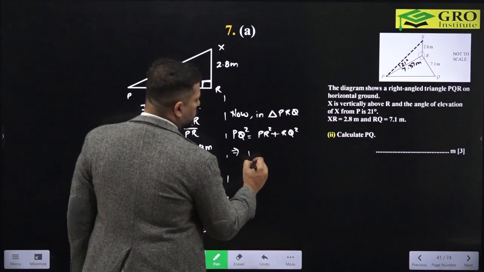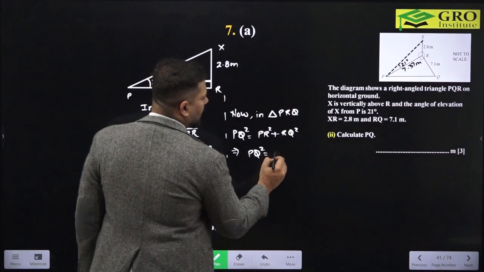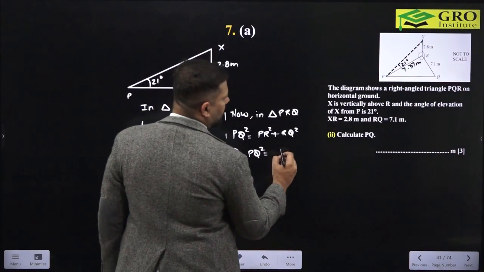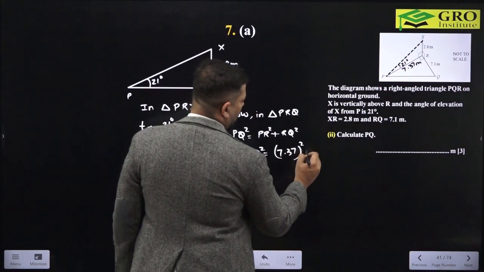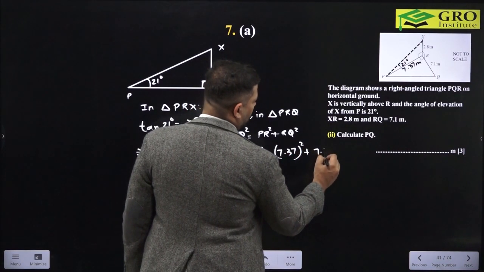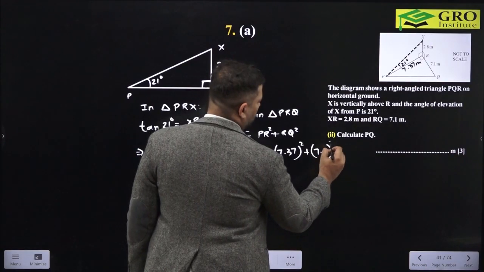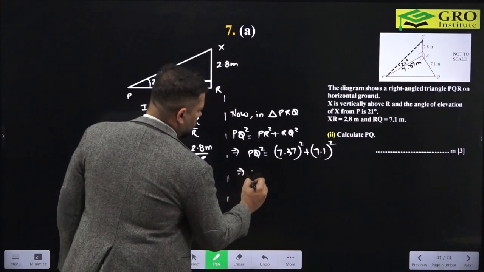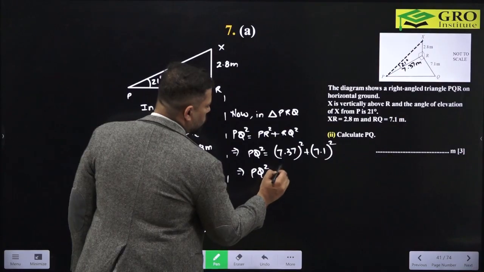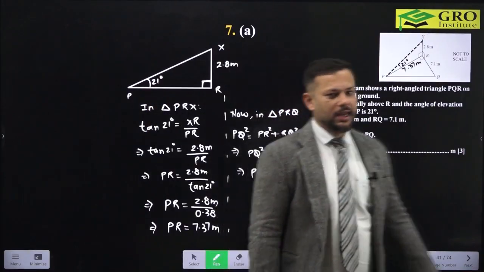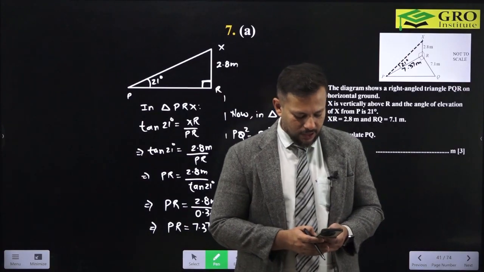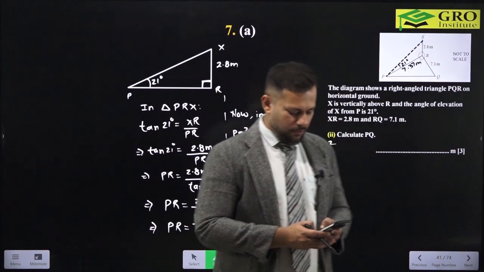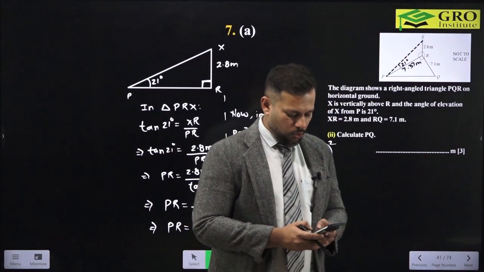So PQ square would be equal to PR being 7.37 whole square plus 7.1 whole square. So let us quickly find out these squares, add them, and then we will get the answer.